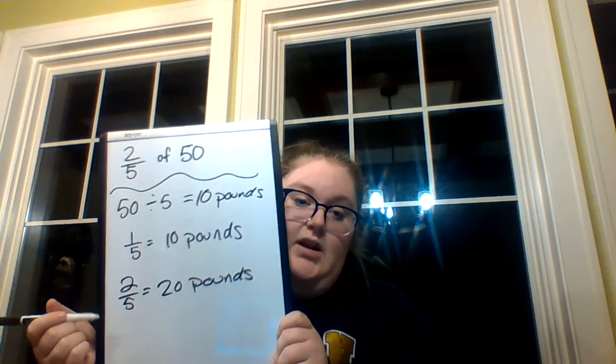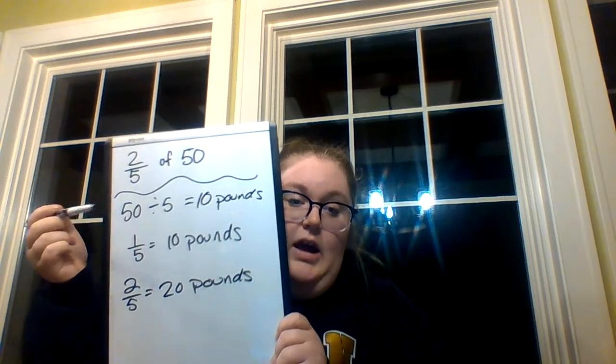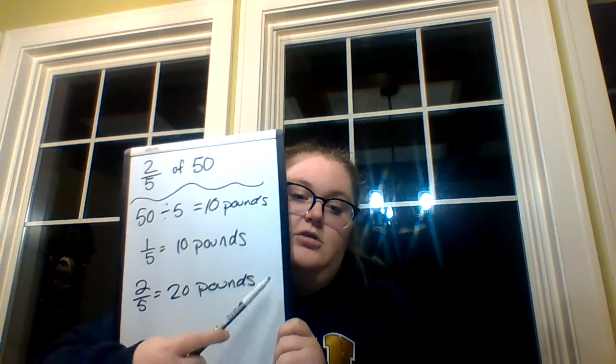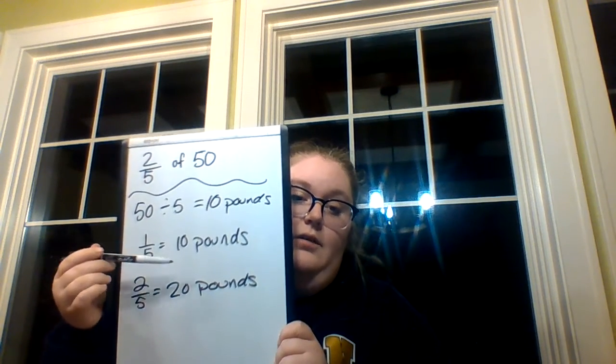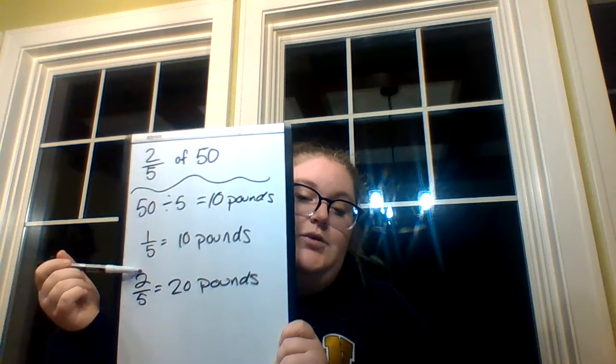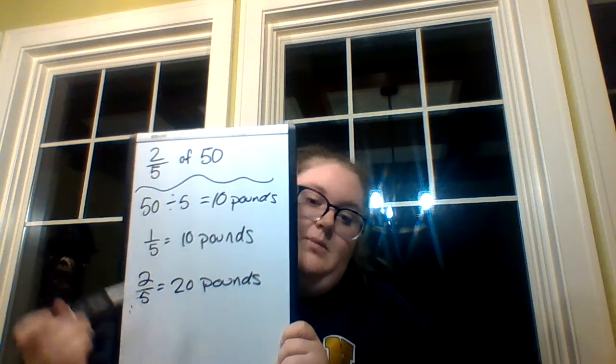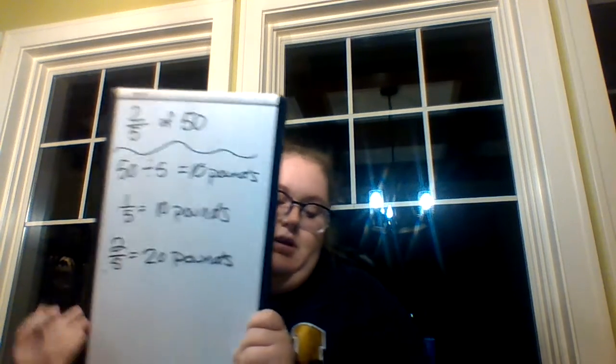It's 2/5 of the 50 pounds, and 50 divided by 5 is 10 pounds. So then that equals 1/5 of the rock. So if 2/5 is double the amount of 1/5, that means it's 20 pounds. So then our answer would be 20 pounds. The rock weighs 20 pounds on Mars.